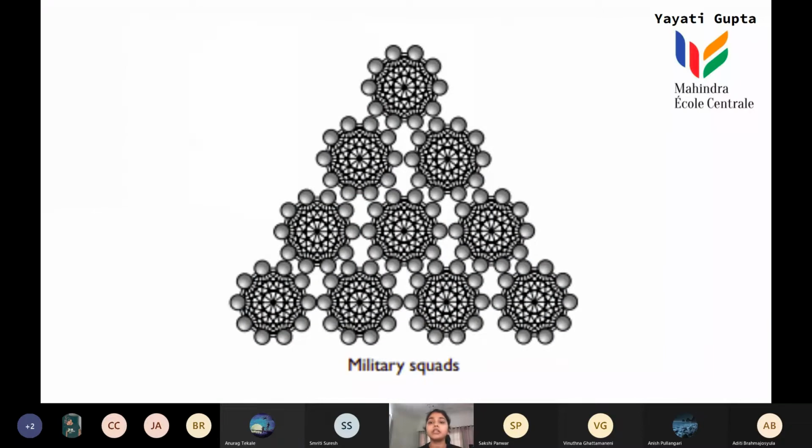If you look at military squads, in military squads everyone is connected to everyone else, and this gives an entirely different property to this network, and that property is so strong that these people can even lay their lives for each other. So you change the connections and things change completely.